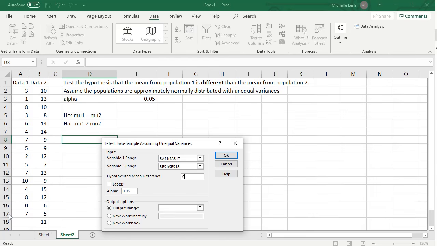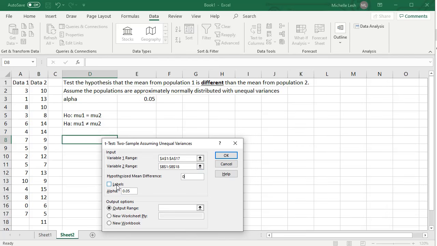For example, did I lower their blood pressure by 10 millimeters of mercury, or whatever the unit is for blood pressure? You might be interested in knowing if it is like 10 lower. But most of the time we're just interested in knowing whether one is more than the other, or one is less than the other, or they are different from each other. So usually the hypothesized mean difference is just 0.